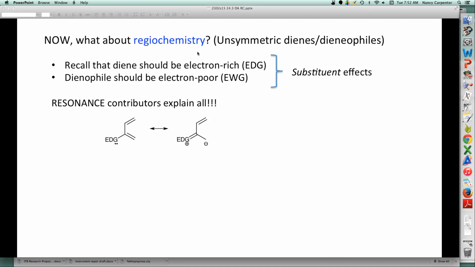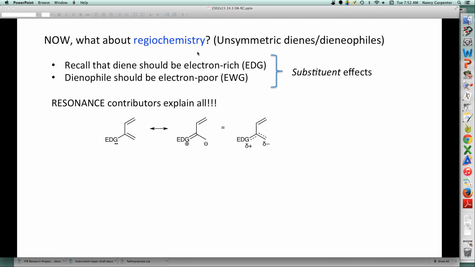So here's an example of some kind of diene, remember our electron-rich piece, that has an electron donating group on it. If you think about having an electron donating group on that second carbon in, then it makes sense that there would be a resonance contributor that would put a big old negative charge on that terminal carbon, making that terminal carbon quite electron-rich.